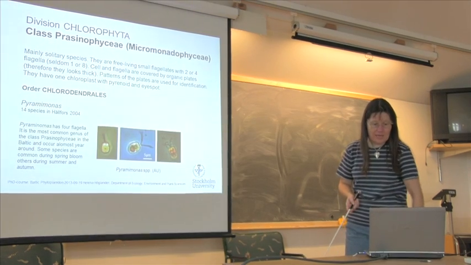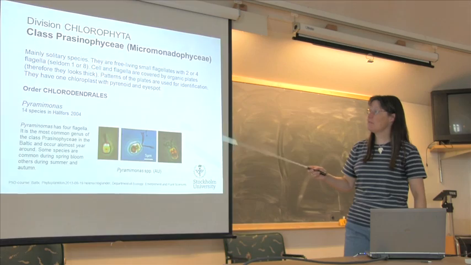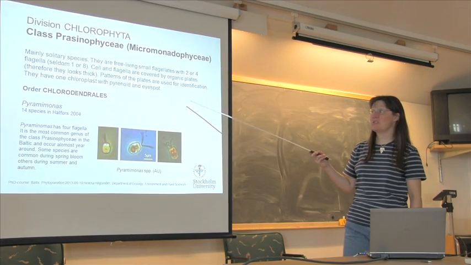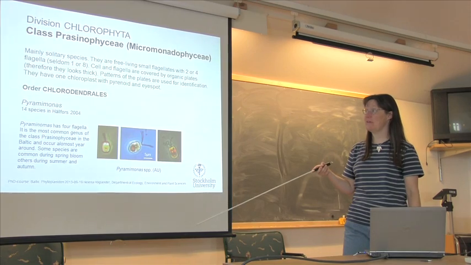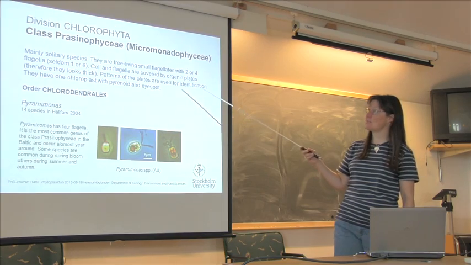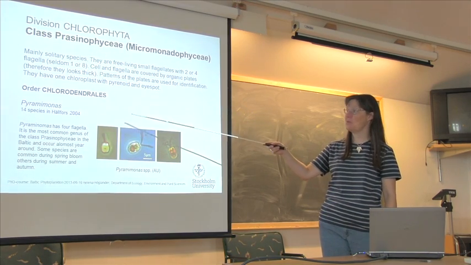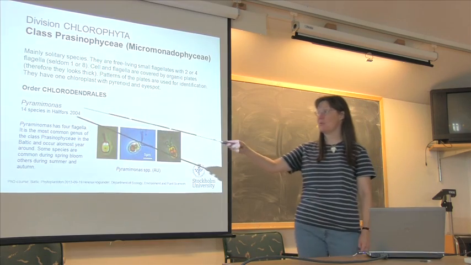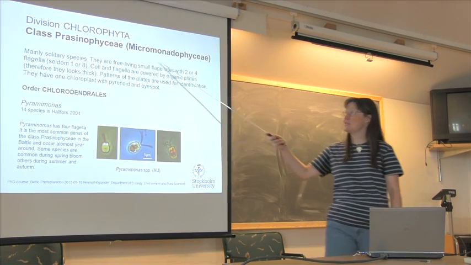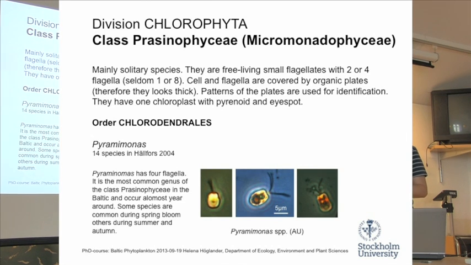And we have one group that is important during almost the whole year around, and they are quite small. It's these Chrysophytes. The most important genus here is Pyramimonas. In this group, both the cell and the flagella are covered by small plates.